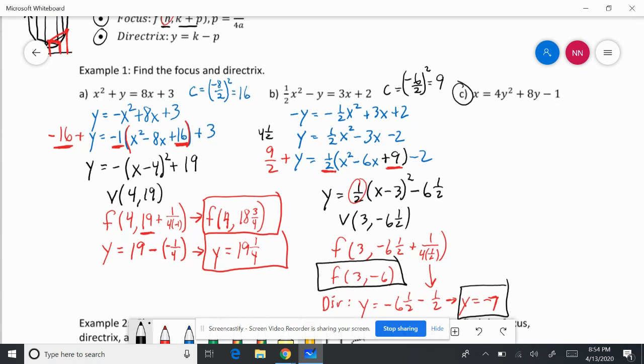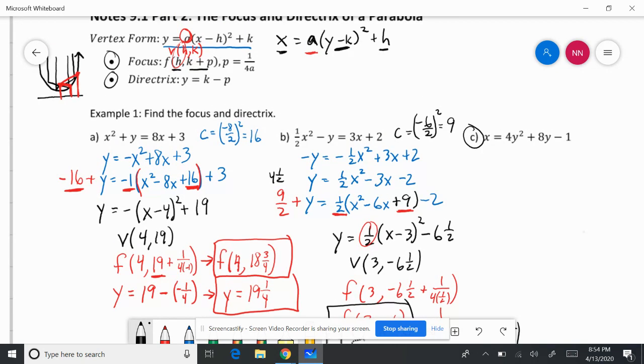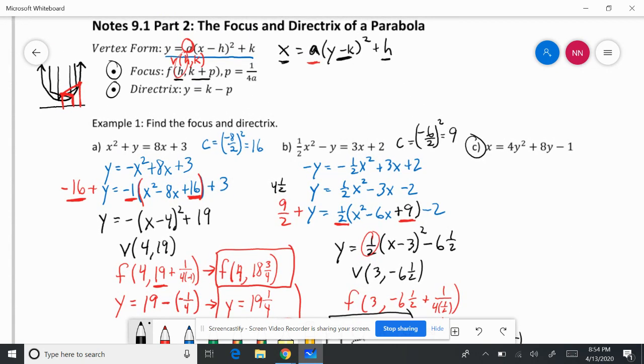Now for letter C, once again, this one's a little tricky because we have to change our formula around. Since it's x equals, it's y, and then what we have is our k, h value. It's still plotted the same way as h, k. So looking at this, first thing that I'm going to do is factor out a 4.